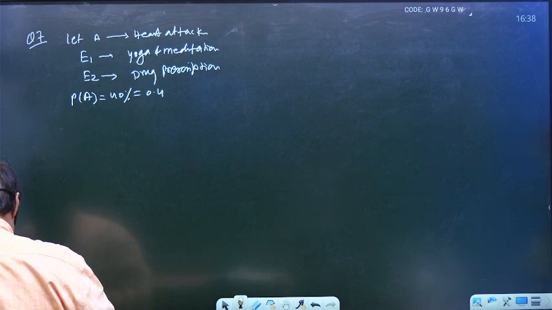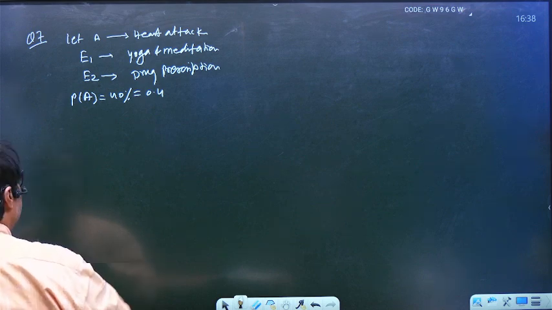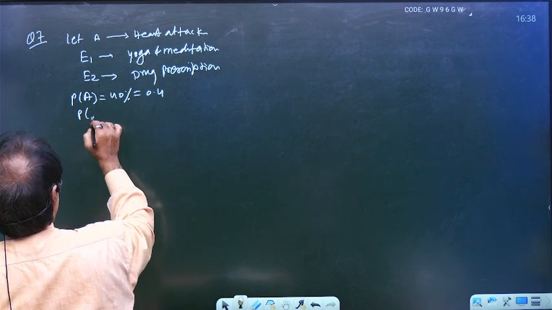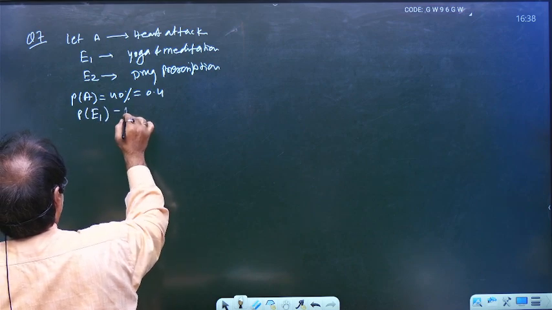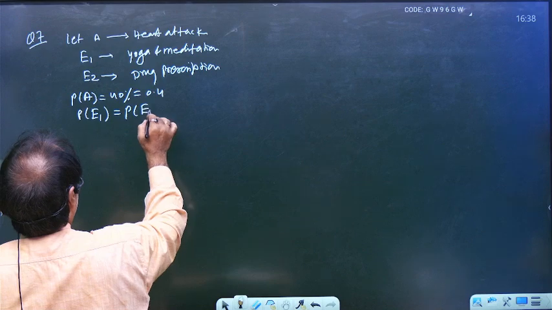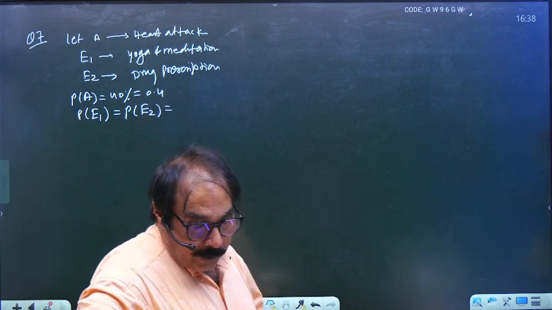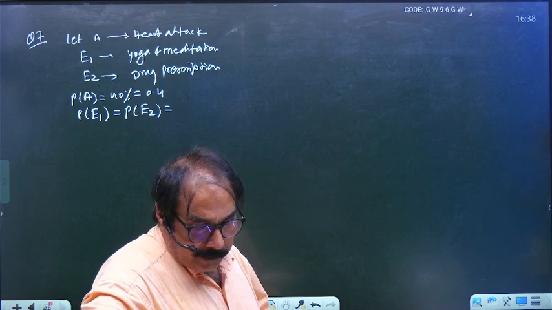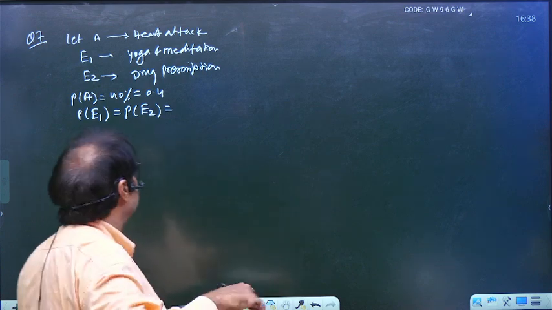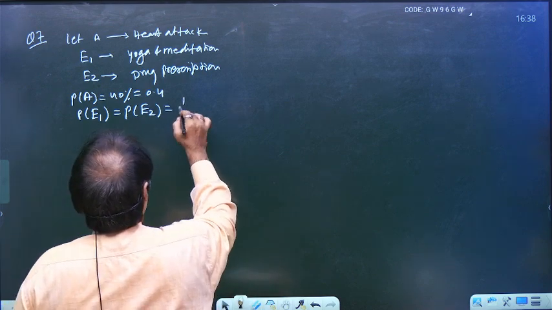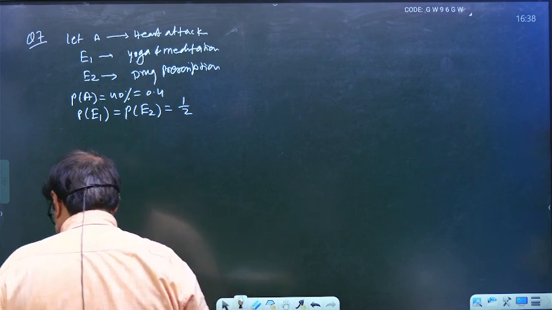And probability of E1 and probability of E2: the patient can choose either of the two options with equal probabilities, so E1 and E2 are each 1 by 2.